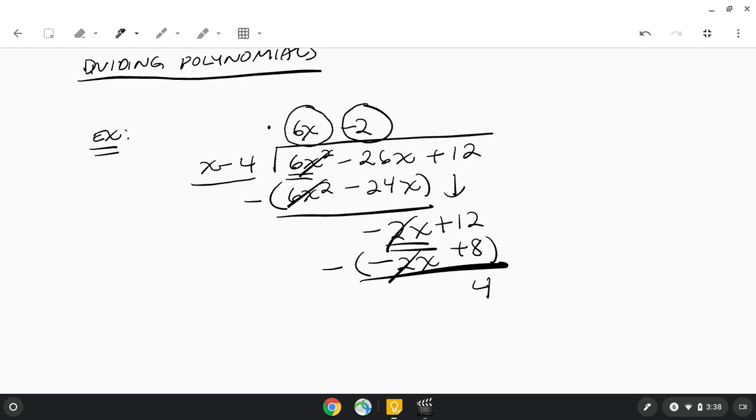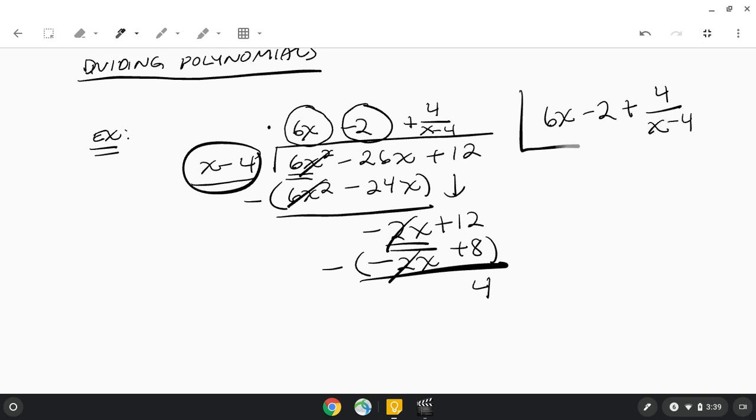When we write our remainders, we take its sign, which is positive, and we write it over the thing we're dividing by, x minus 4. So the final answer here is going to be 6x minus 2 plus 4 over x minus 4. That would be the final answer.